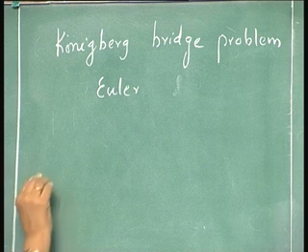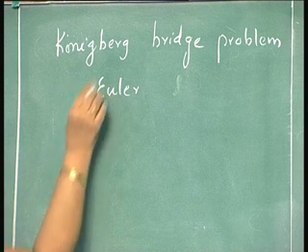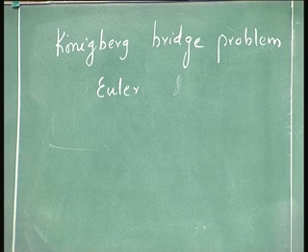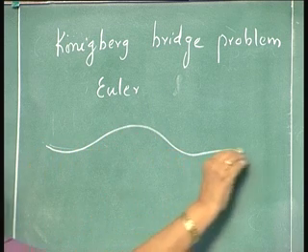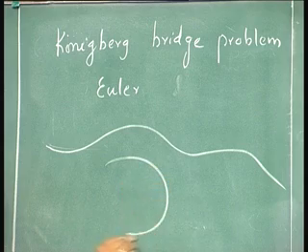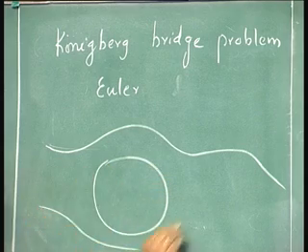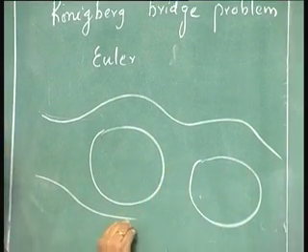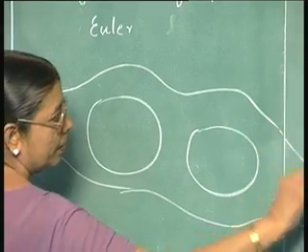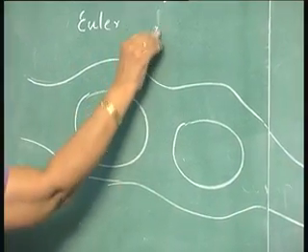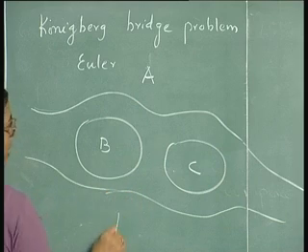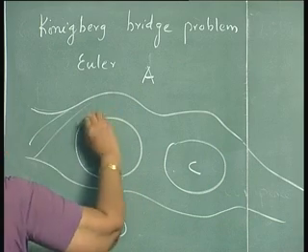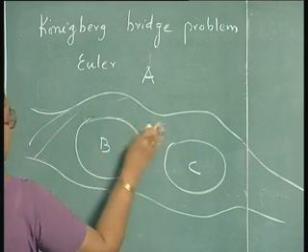And what was that problem? In a city in East Prussia, there was a river flowing like that, which created 2 islands like that. And the landscape was divided like this, A, B, C, D. This is the river.